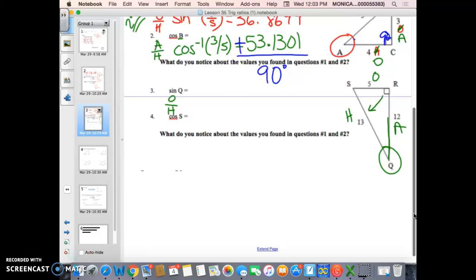So the numbers I'm going to use, I'm going to do sin -1 of 5 divided by 13. Hit enter. So second sine, 5 divided by 13, close my parentheses. Now you should get 22.6199.